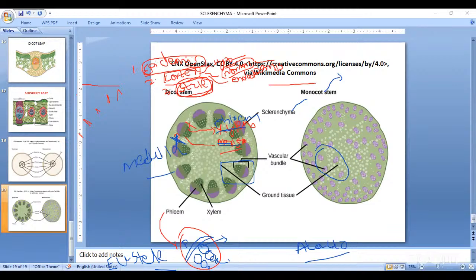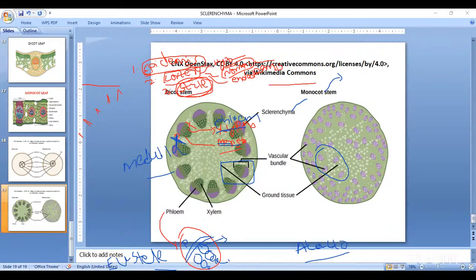In cortex, both have the first region hypodermis, mostly without intercellular space, but the difference is that dicot hypodermis is collenchyma, monocot hypodermis is sclerenchyma. Here the remaining ground tissue is differentiated, but in monocot it is not differentiated.